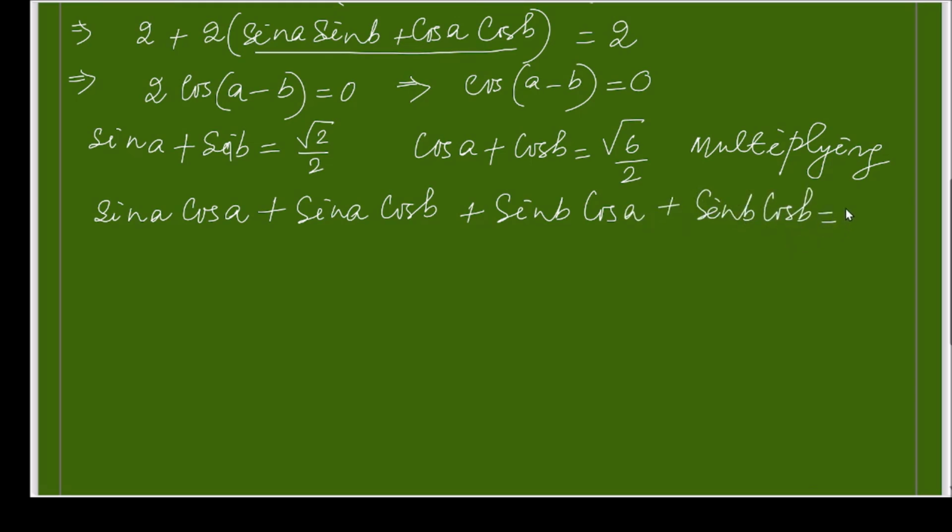It's equal to square root 12 by 4. Sine a cos a we can make into sine twice a, and sine b cos b we can make into sine twice b if I multiply by 2. So I'll multiply both the left and right hand sides by 2.